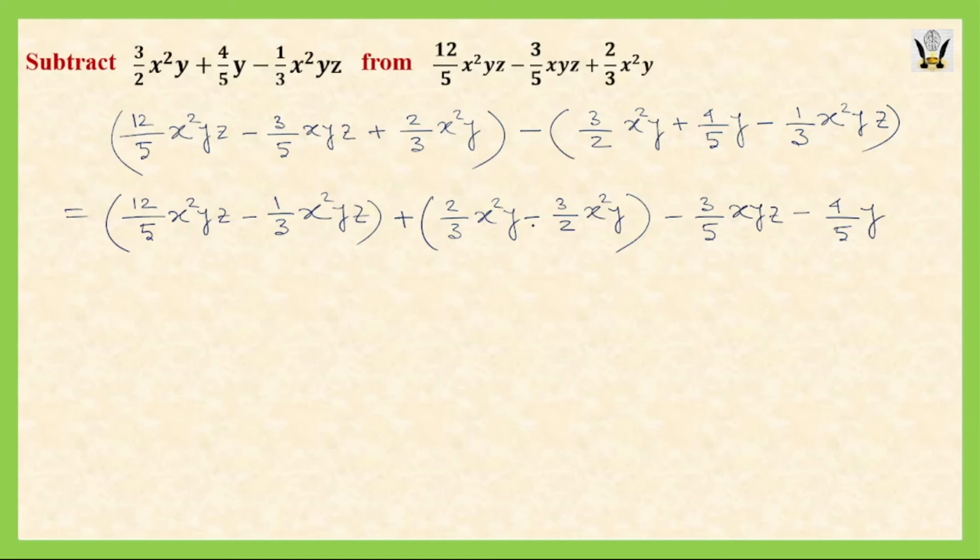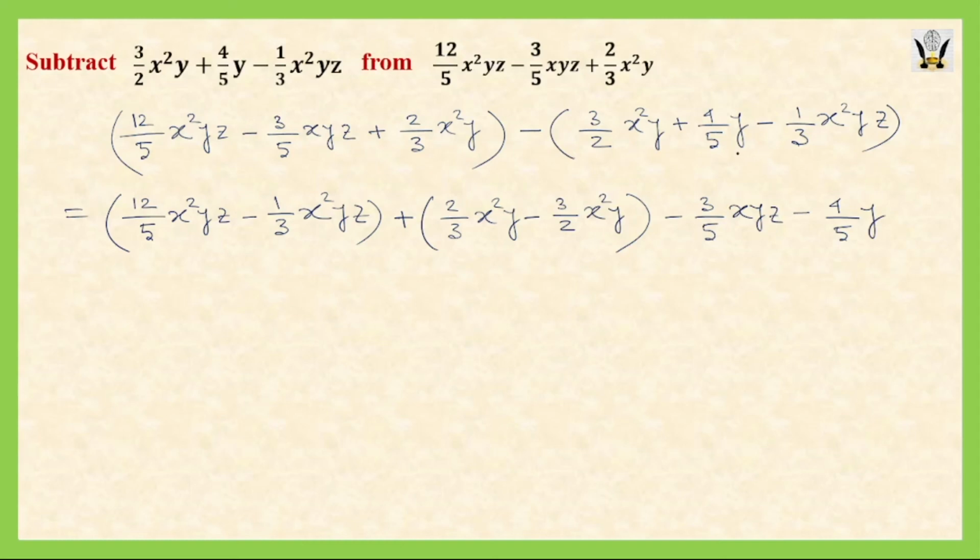So here we have taken this term as a negative term, so minus 3 by 2 x square y. And then in the first expression we have xyz term, minus 3 by 2 is the coefficient, and in the second expression we don't have any such term, so we have only one such term.